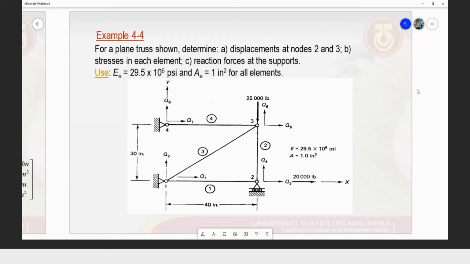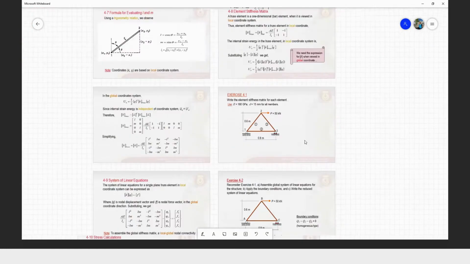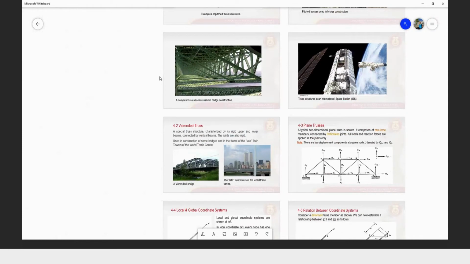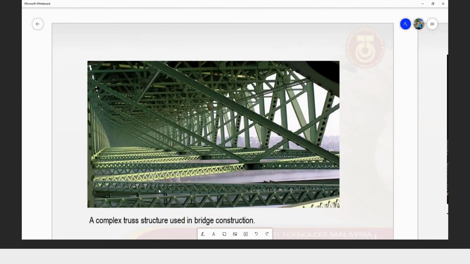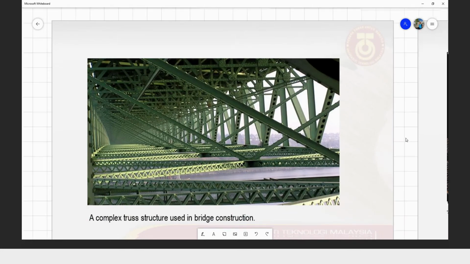So in this example, this is maybe a small part of a plane truss that we take out from a very big structure. If we still remember, we have an example of this complex truss structure that makes the bridge, right?